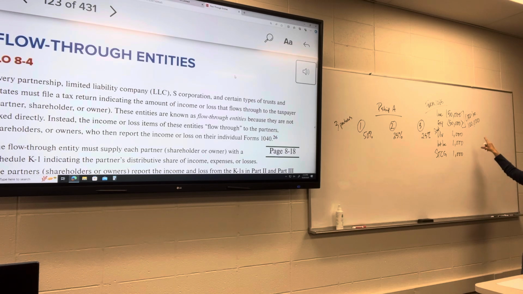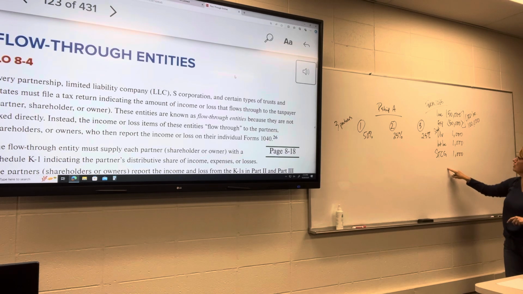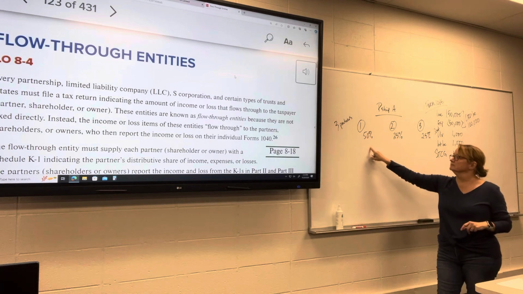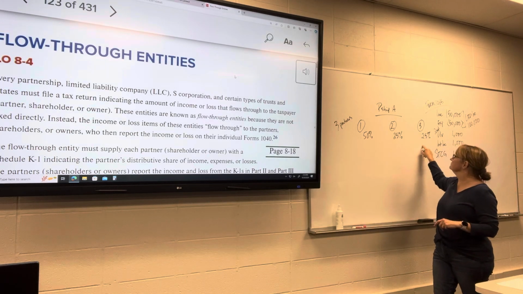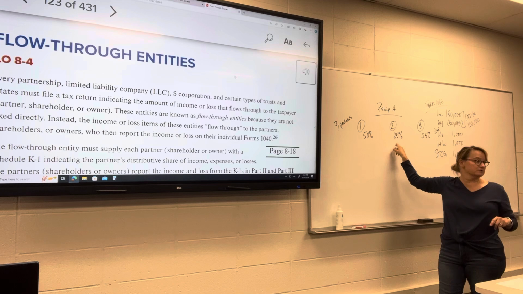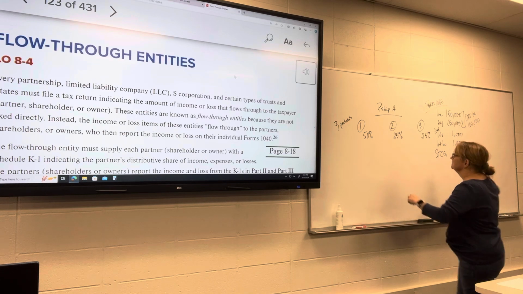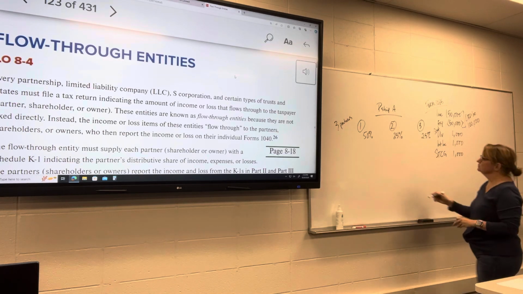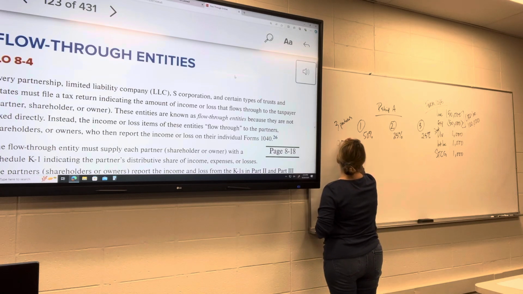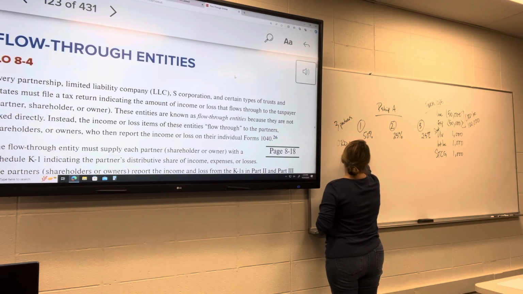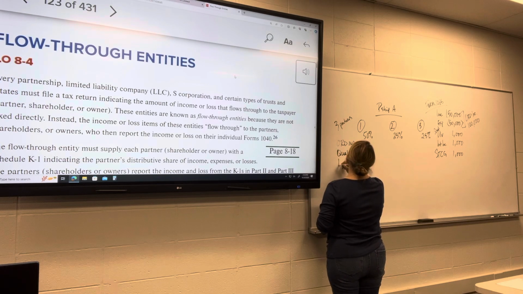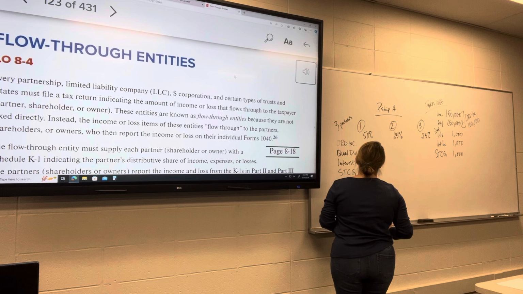What it's gonna do is it's going to report all of these items of income for each individual partner based on their ownership percentage. So, partner 1, so we've got all these different types of income. Ordinary income, we've got dividends, qualified dividends. We've got interest income, and we've got short-term capital gains.